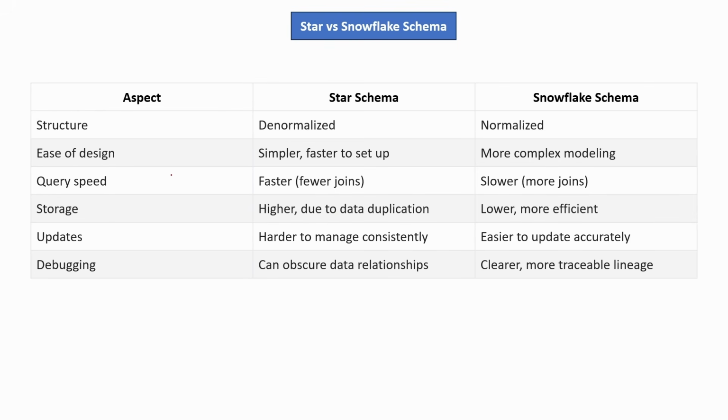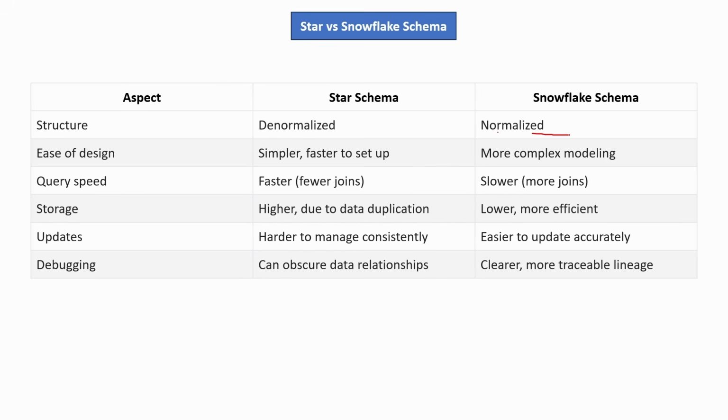If I talk about the structure, a star schema stores all the related dimensional data into a single denormalized table, where product name, category, and brands all sit together. We just saw that. While the Snowflake schema splits the same data across normalized tables.